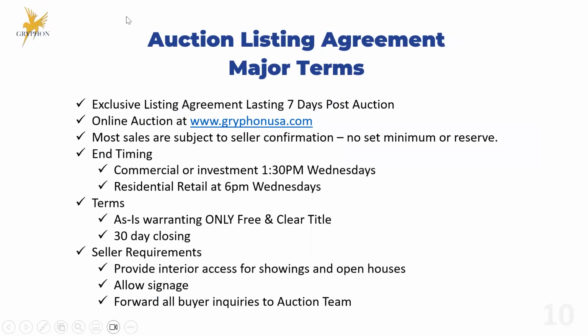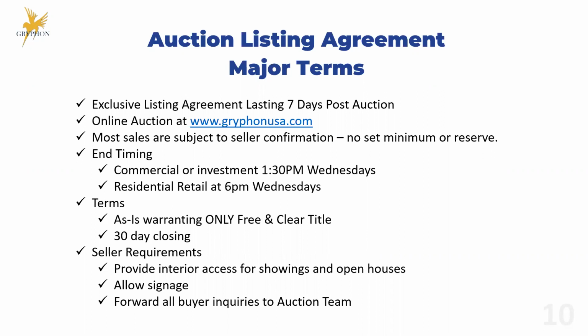So now we're going to talk about the auction listing agreement, the major terms of the auction listing agreement. This is the contract that we're going to have with you, as the listing firm or the auction group, and the seller. So it's an exclusive listing agreement, just like a general brokerage listing agreement, and that listing agreement lasts for 45 days plus 7 days post-auction, right?